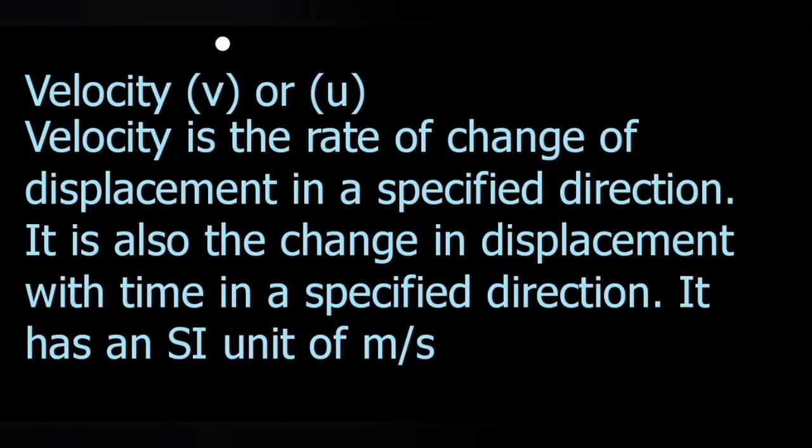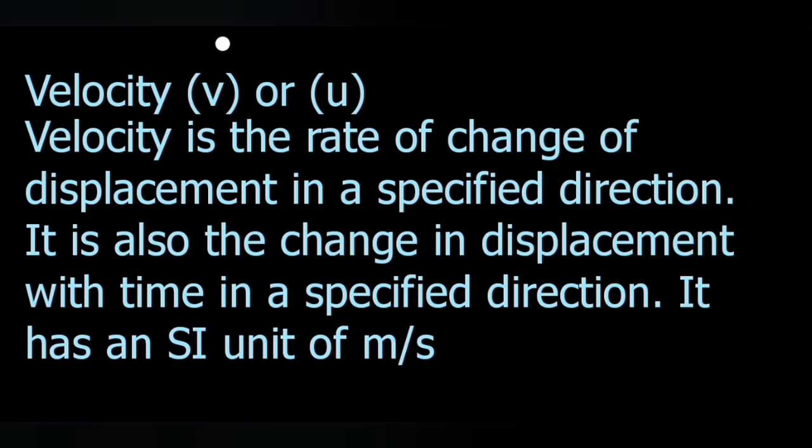Velocity is another term used in motion. It can be represented with letter V or letter U. Just like speed, velocity can be initial or final. When we talk of initial velocity, we use letter U, and when we talk of final velocity, we use letter V. Velocity is defined as a rate of change of displacement in a specified direction.